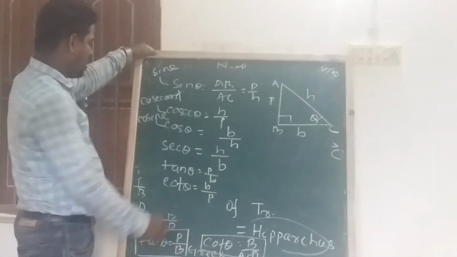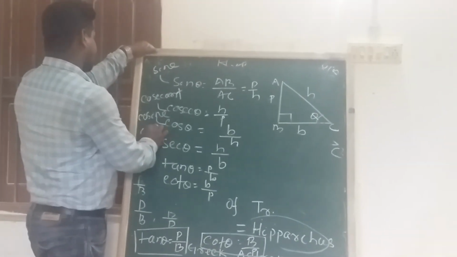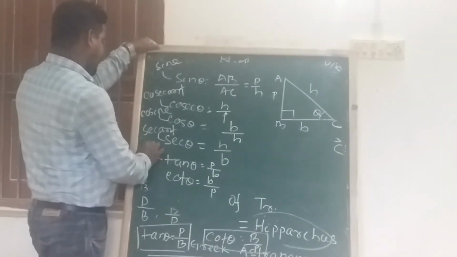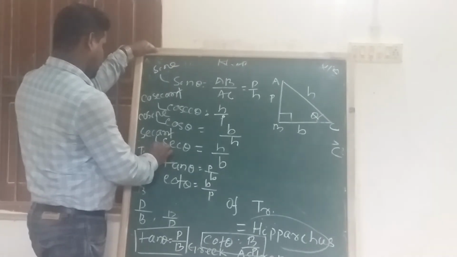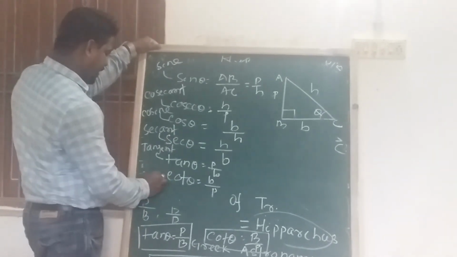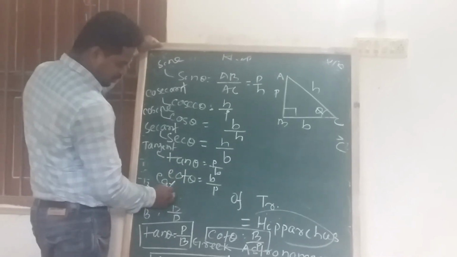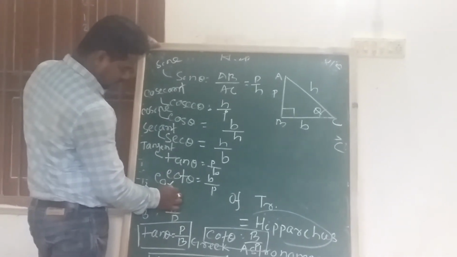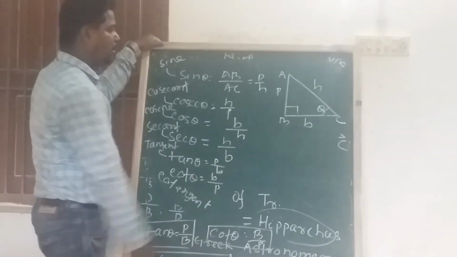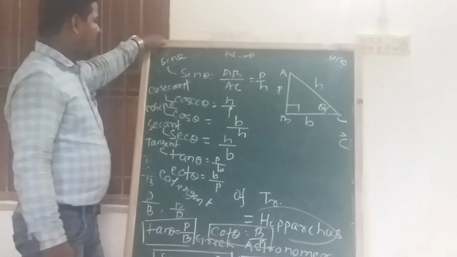It's a big name. Sec means secant. Tan means tangent. And cot means cotangent. These are the big names. Okay? Here take a look.